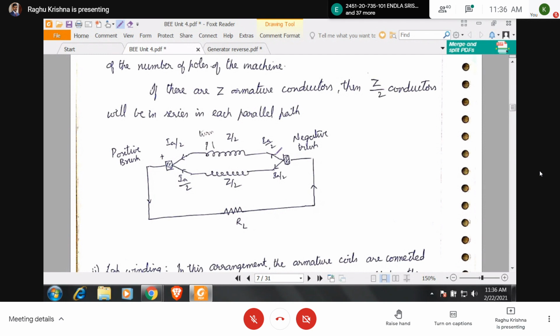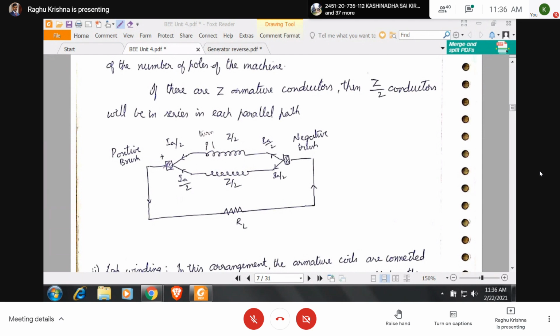Here the current gets divided into IA by 2 and IA by 2, where IA is the armature current. So the armature current gets halved and flows through these Z by 2 and Z by 2 conductors. Now you can see Z by 2 conductors are in series, and this is another Z by 2 conductors in series. The total number of conductors is Z by 2 plus Z by 2, which is equal to Z.